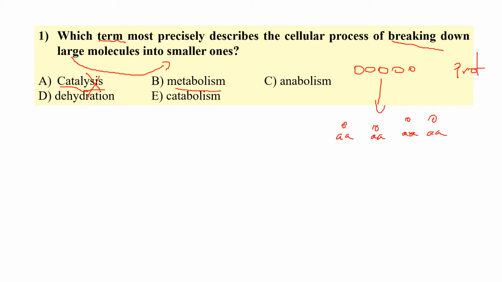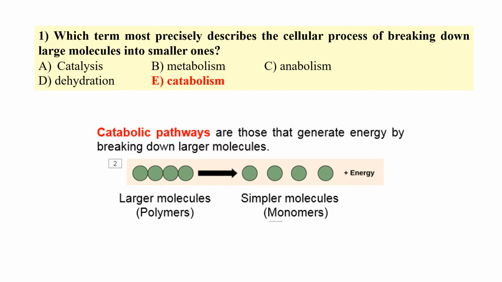Metabolism can go in both directions, so this is not the correct one. Dehydration is not correct. So here the answer will be catabolism. And here, as we explained before, you go from large molecules, from polymers to monomers, and you also produce energy.